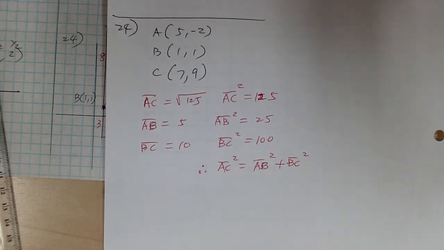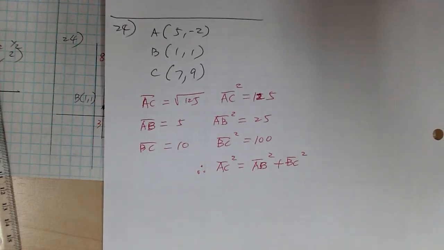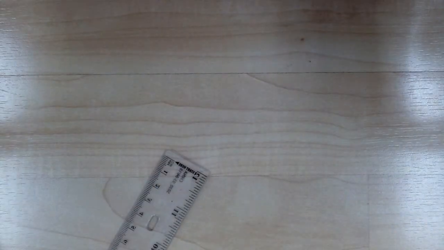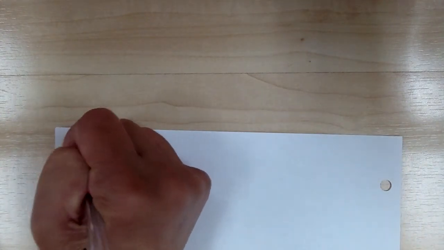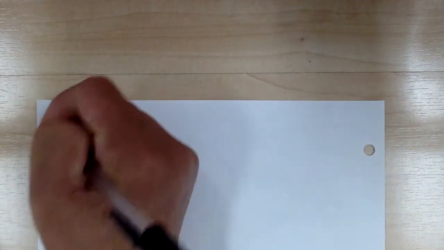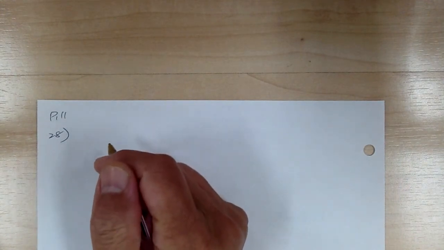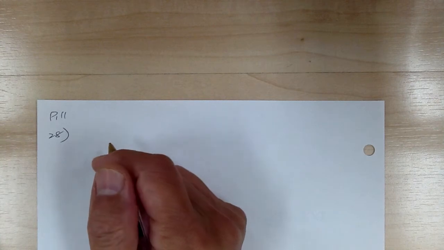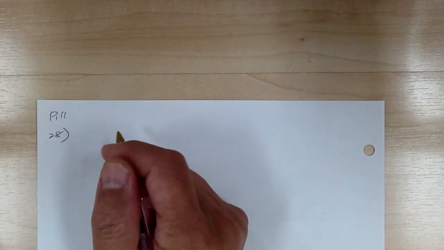Right? Okay, let's go to 28. Okay, 28, you want to see if those 3 points are the same distance from the point negative 2, 2.